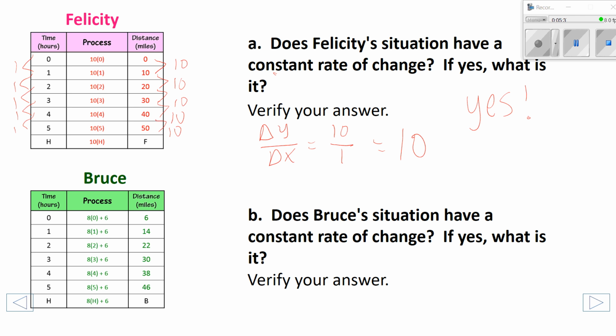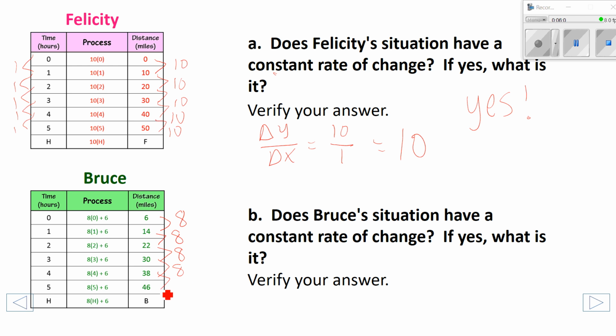Okay, so now we have to figure out Bruce's situation. Does Bruce have a constant rate of change? He is over here, so from 6 to 14. Bruce has his rate, if you notice between these, it's 8, right?